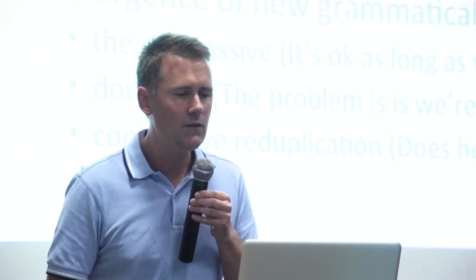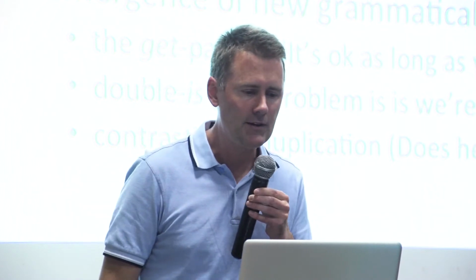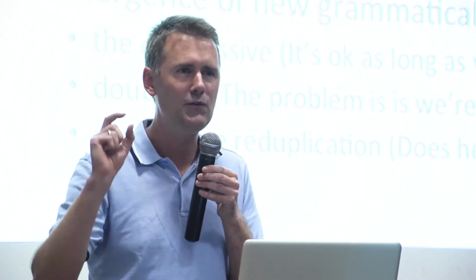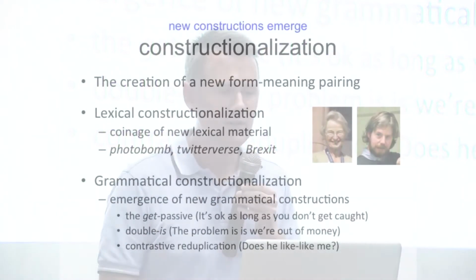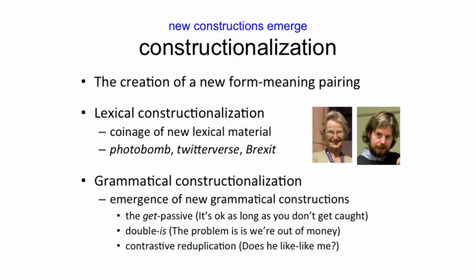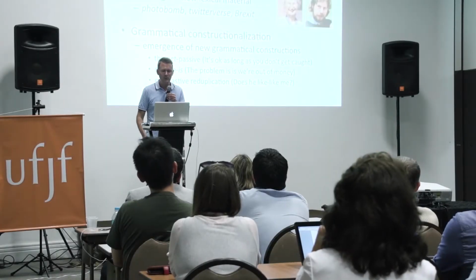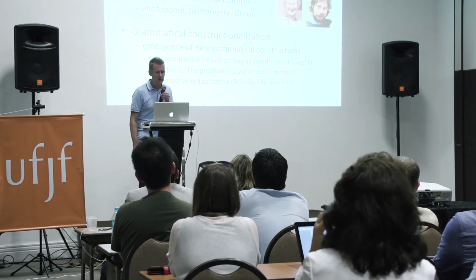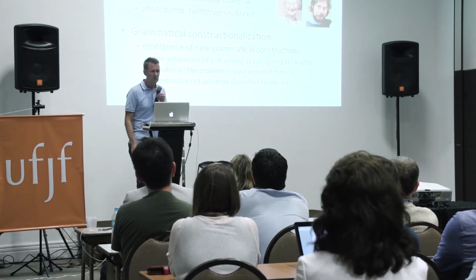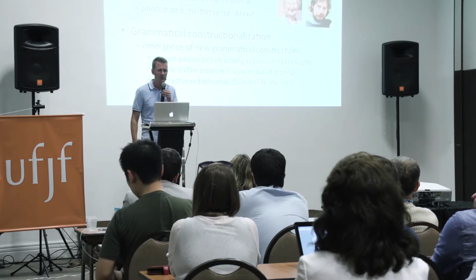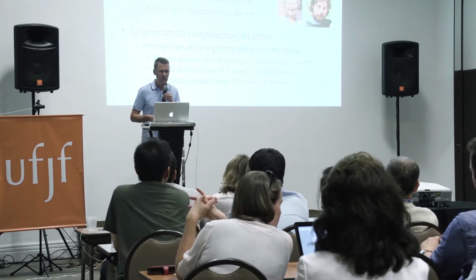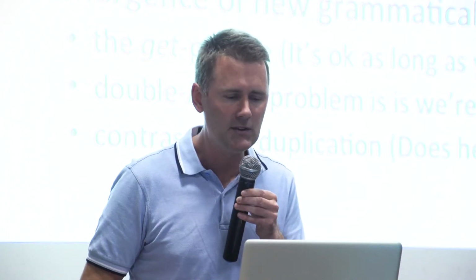A lot of attention has been directed at this first idea of new nodes emerging in the network. So Traugott and Trousdale have written a beautiful book about this that lays out the general issues in constructionalization. And they distinguish between 2 types of constructionalization, namely lexical constructionalization on the one hand, so coinage of new lexical material like photobomb, Twitter words, or Brexit.